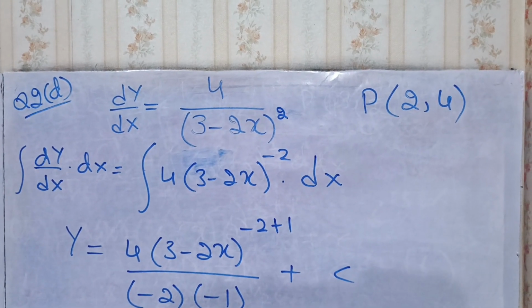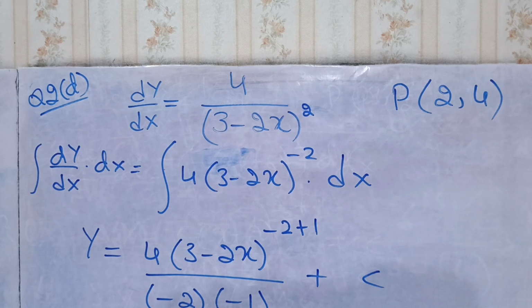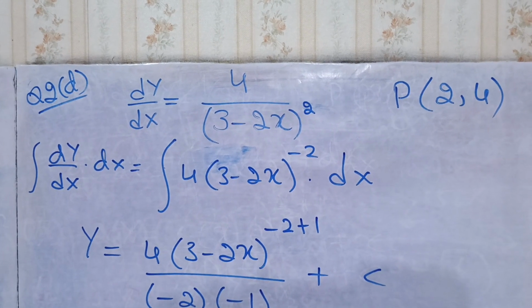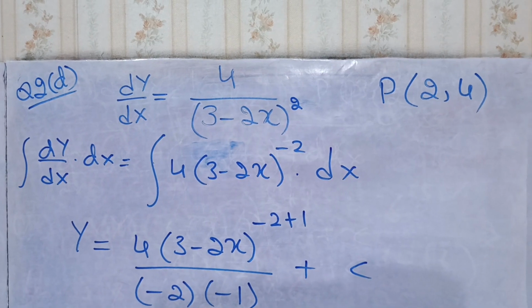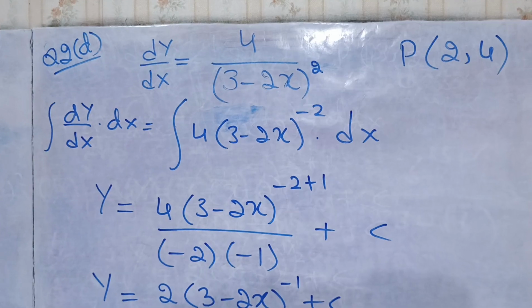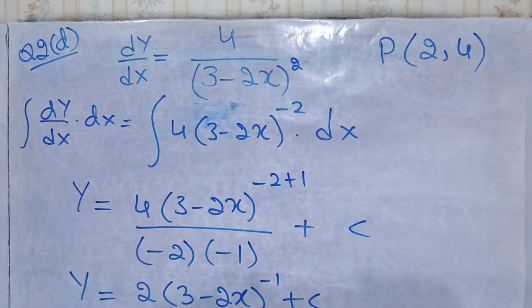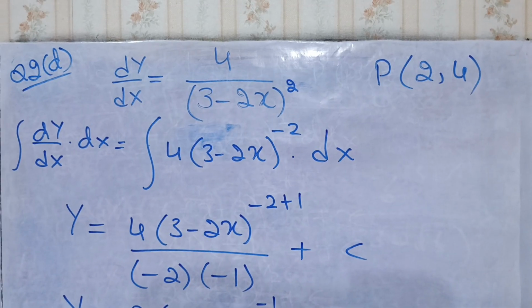So, my dear students, question number 2 is D part: dy by dx is equal to 4 divided by (3 minus 2x) whole square, and the curve is passing through the point P, which is (2, 4). We will integrate both the sides, but I will bring this upstairs, so its power will become minus 2.